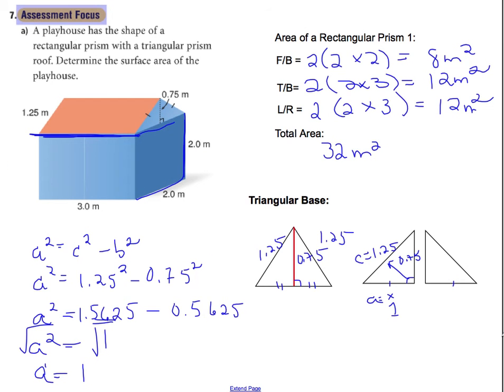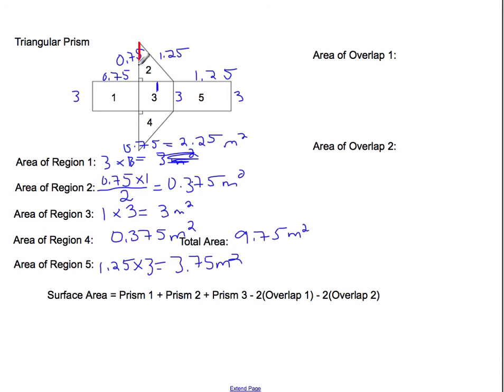We actually have 2 overlap regions. I'm going to put this in red: this region that overlaps right here. These 2 right triangular prisms that form the roof overlap in the center. So that is this region right here, so we're going to overlap region 1.